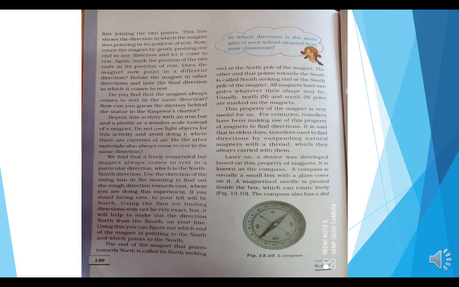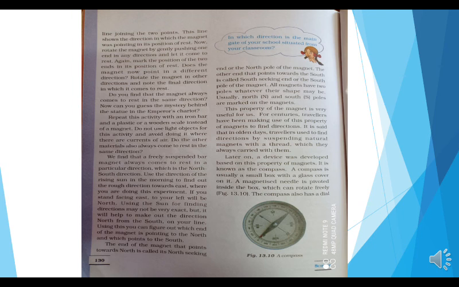So after marking the point or noting down the direction, again rotate the magnet gently by pushing one end in any direction. What will happen? After some time that bar magnet will come to its rest position.